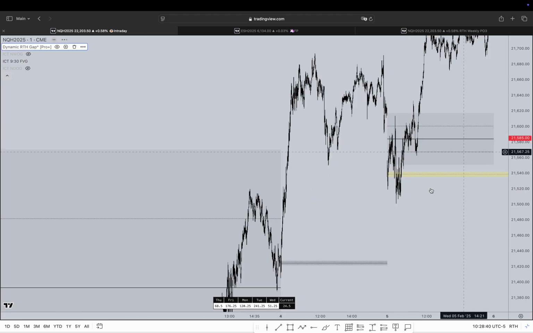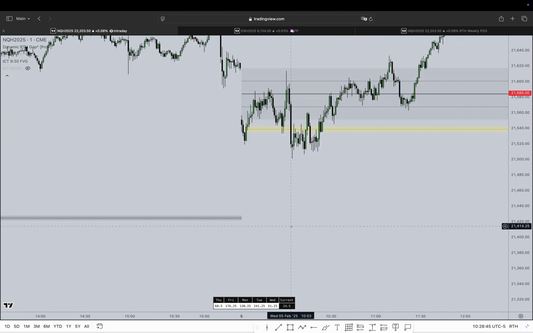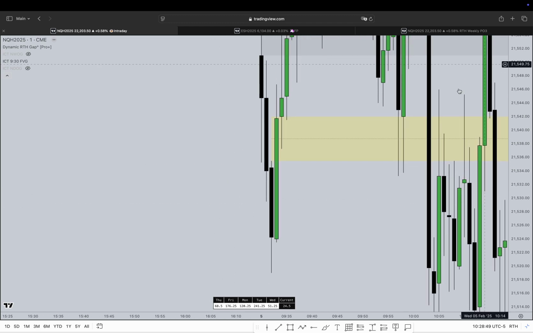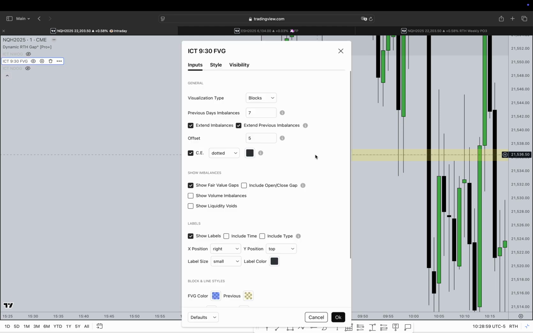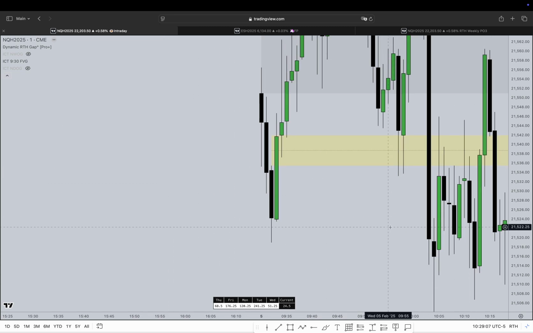So if you have on this day a little volume imbalance, you see, if you toggle off, you only have between weeks. And ICT said that you should consider the volume imbalance of the first presentation. That's the reason why I have it like that.